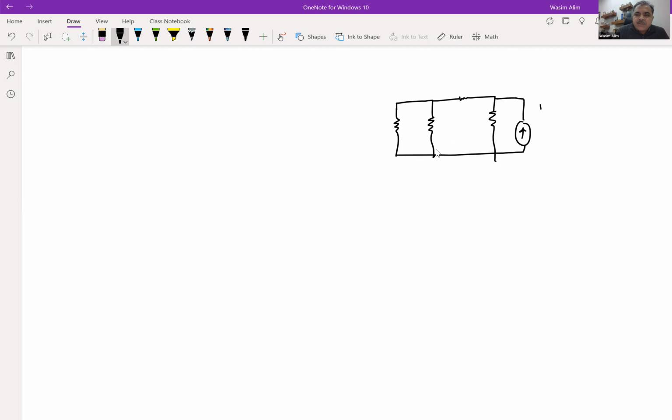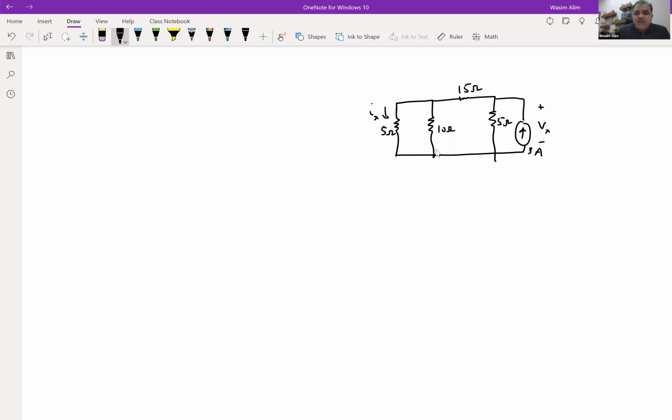Okay, so we're asked to find some values also. This is a 5 ohm resistor. This is a 10 ohm resistor. And this is a 5 ohm resistor. This is a 15 ohm resistor. And this source is at 3 amperes. Okay, the current source is at 3 amperes.